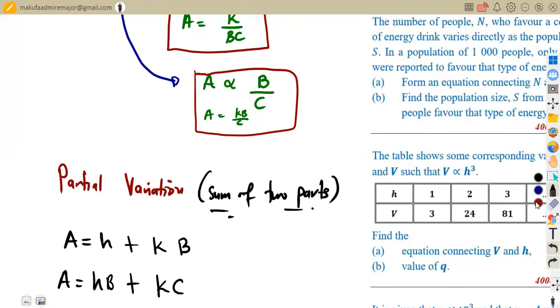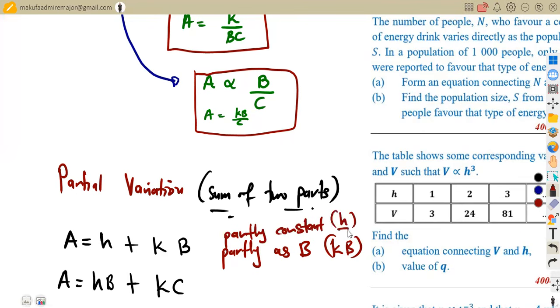But the moment we are given partly as B, that means a constant with the B. Partly constant, you just indicate a constant, only a constant. But the moment we are saying partly as, the constant goes with that variable.